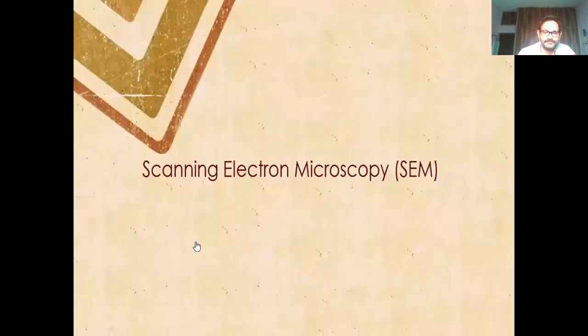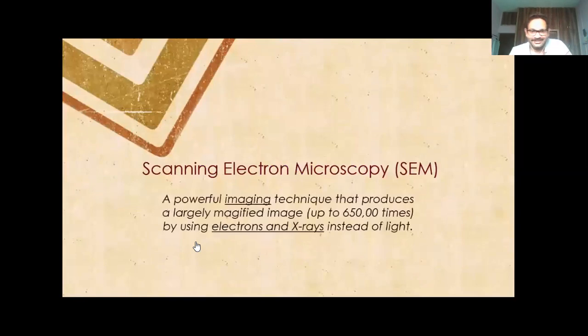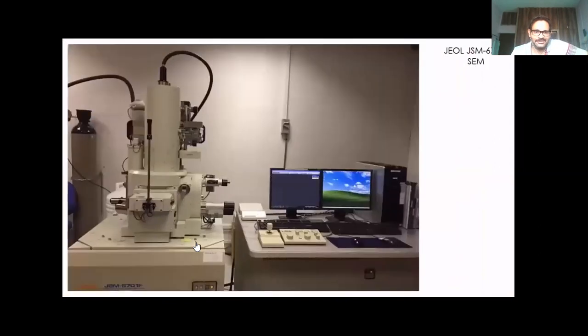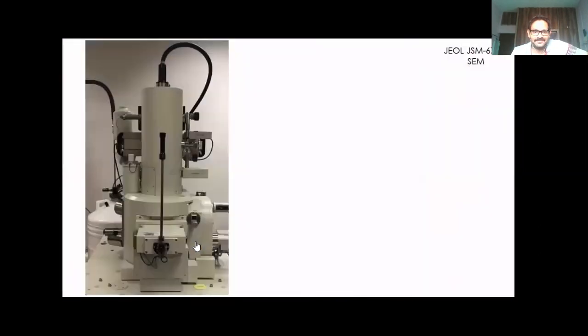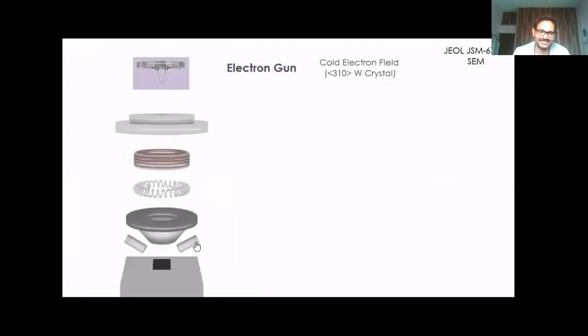The scanning electron microscope is a powerful imaging technique that produces a magnified image up to 6 lakh times. So this is what the instrument is, the skeleton form of the instrument, the inside parts. So just look at the skeleton.